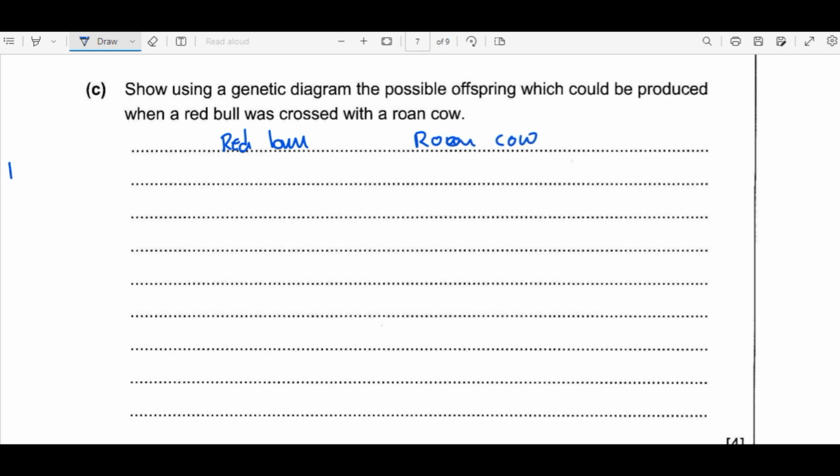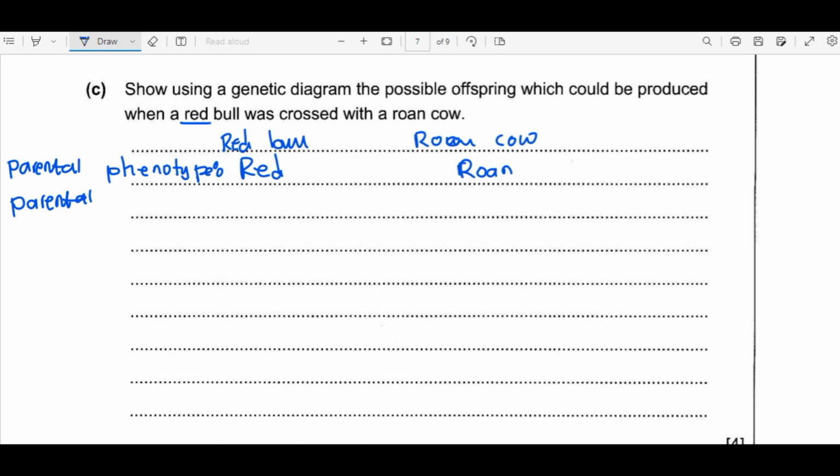We'll start with the parental phenotype, which in our case is just the color. The bull, not roan, the bull is red. Then for the cow, roan. For a condition like this one, you just have to state the colors.